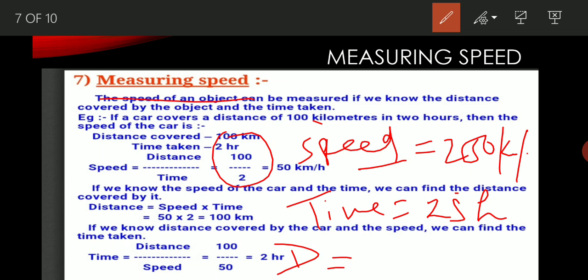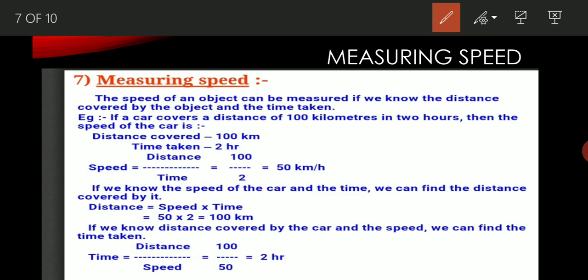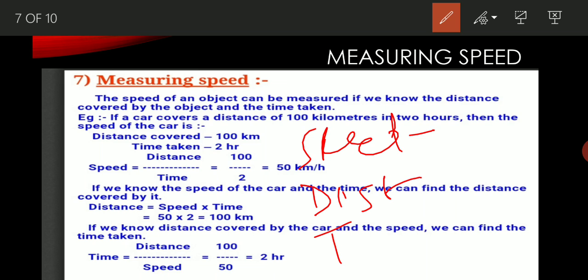Just put the values of speed and time in the given formula and you will get the distance. Otherwise, sometimes speed is given and distance is given and it is asking for time. Again, just put the values of speed and distance and you will get the value of time.